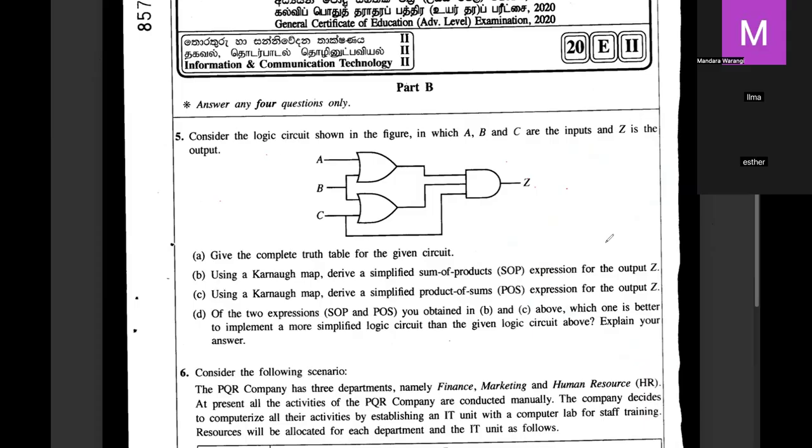So the first output we got is AC plus BC. We got A plus B dot C. So what would be the easiest?